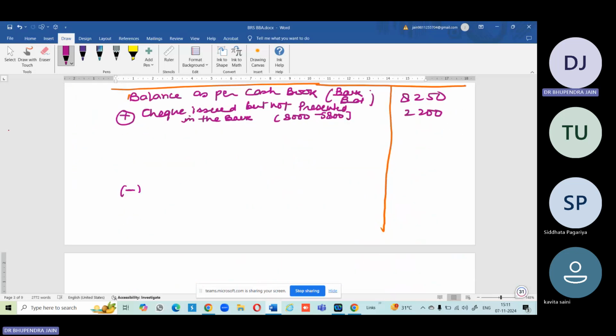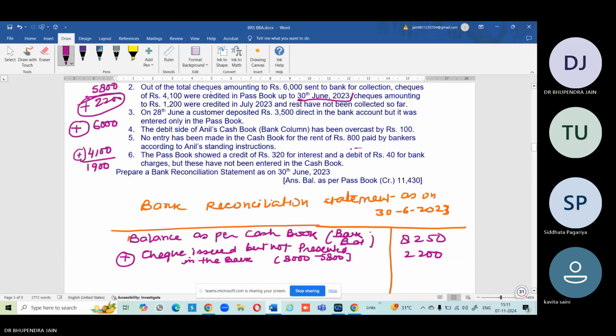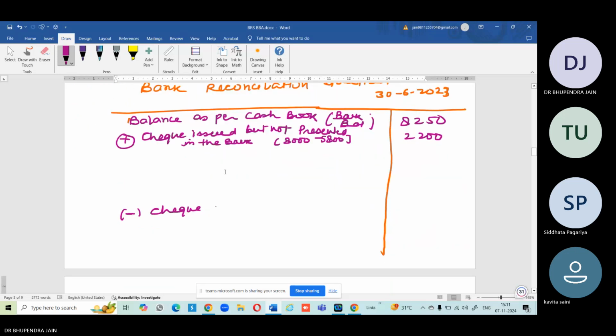What will we write in minus, dear? Checks sent to bank for collection but not credited into the bank.